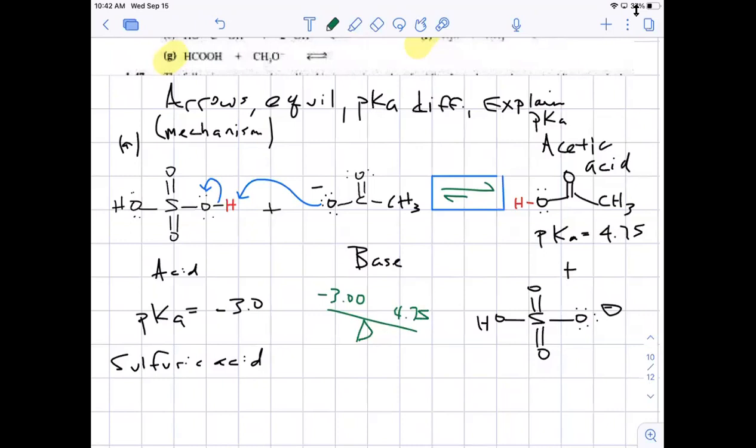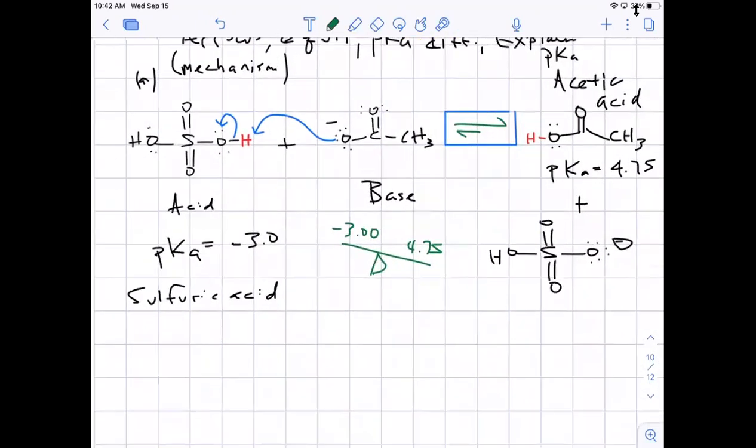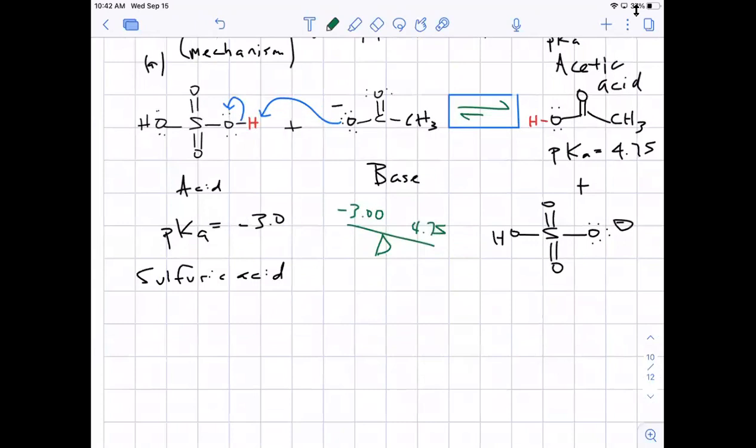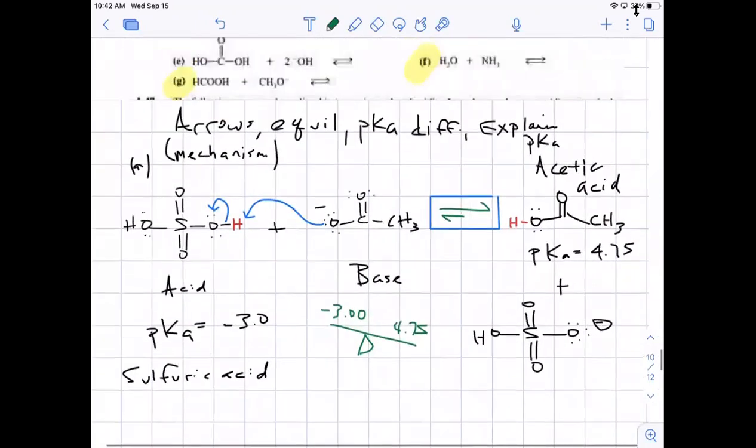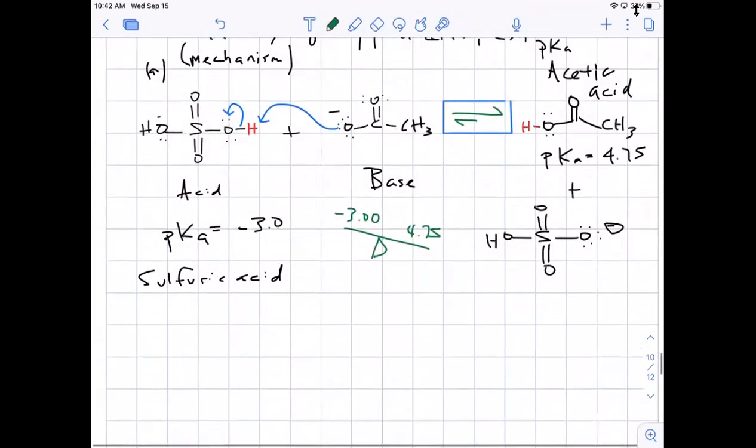All right, is that okay? Yes. All right, so now here's the other question. So we looked at the mechanism. We know which side equilibrium is going to favor. What's the pKa difference?